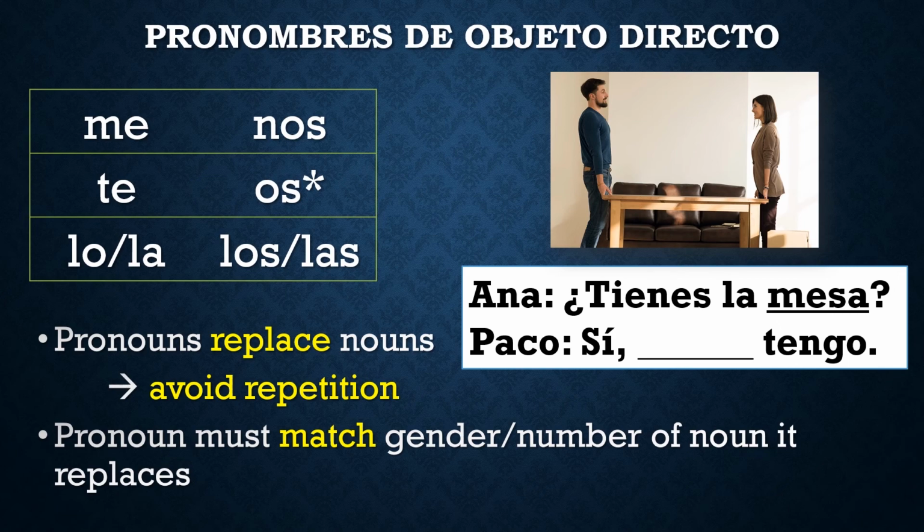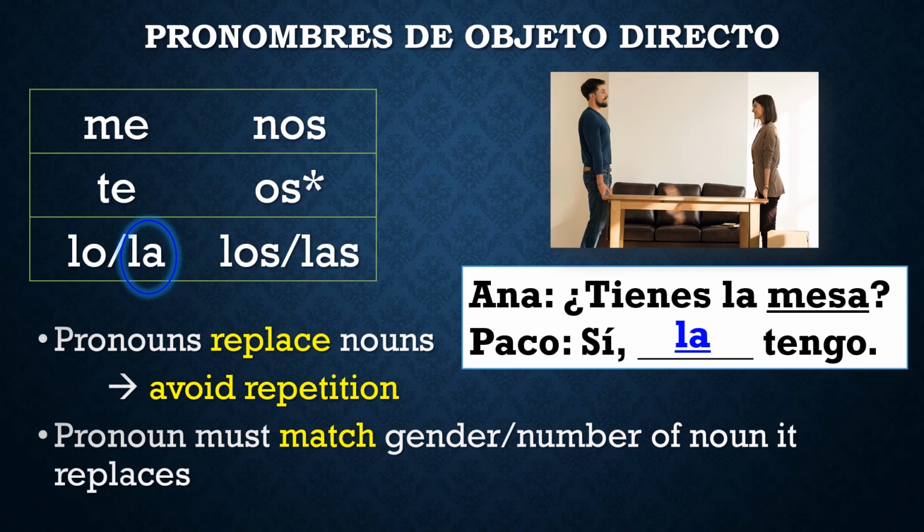So which of these direct object pronouns are we going to use? Well, it has to match la mesa. La mesa is singular and it has the feminine gender. So we're going to use la. ¿Tienes la mesa? Sí, la tengo. That's like saying, yes, I have it.